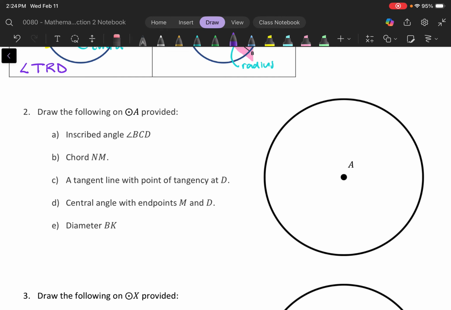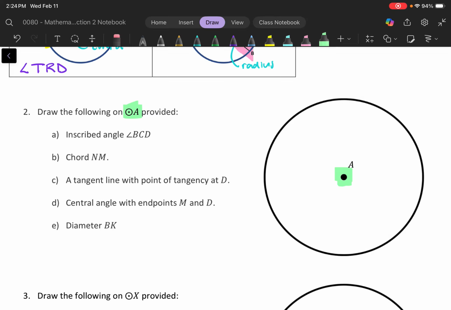Now, in these examples, both example 2 and example 3, we are going to draw the things based on the descriptions. So first of all, I'm told I have circle A. Awesome. All that tells me is that the center of the circle is legitimately actually point A. It's not like close and looks like it probably could be, but I'm not sure about it.